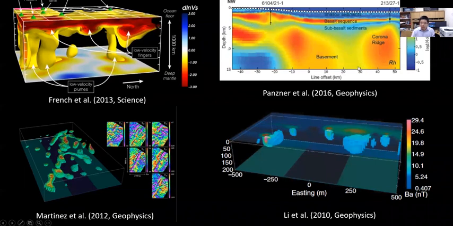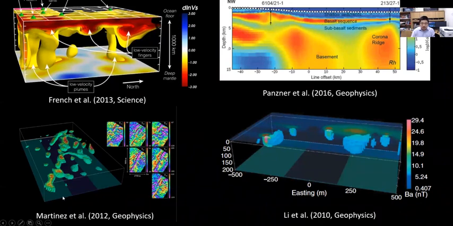On the upper right-hand side, what you see is the 2D distribution of electrical conductivity obtained by inversion of controlled-source EM data, where the goal is to recover the sediments underneath the basalt.